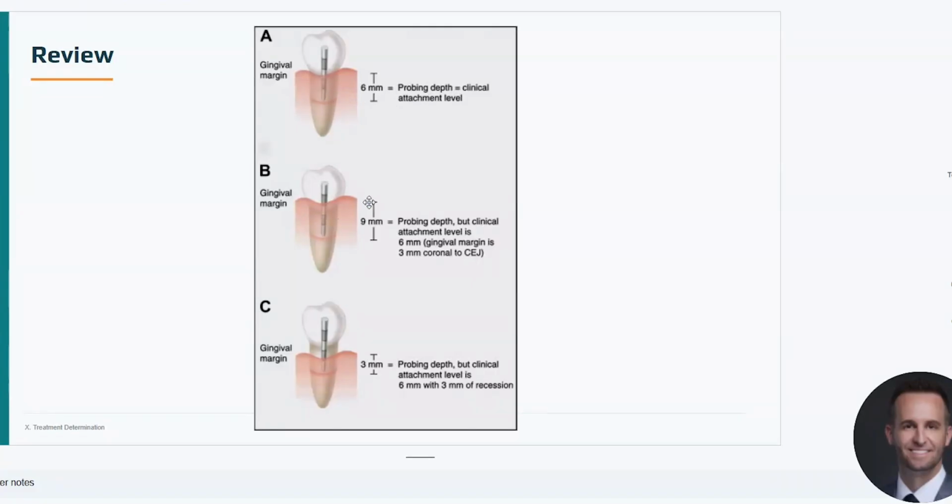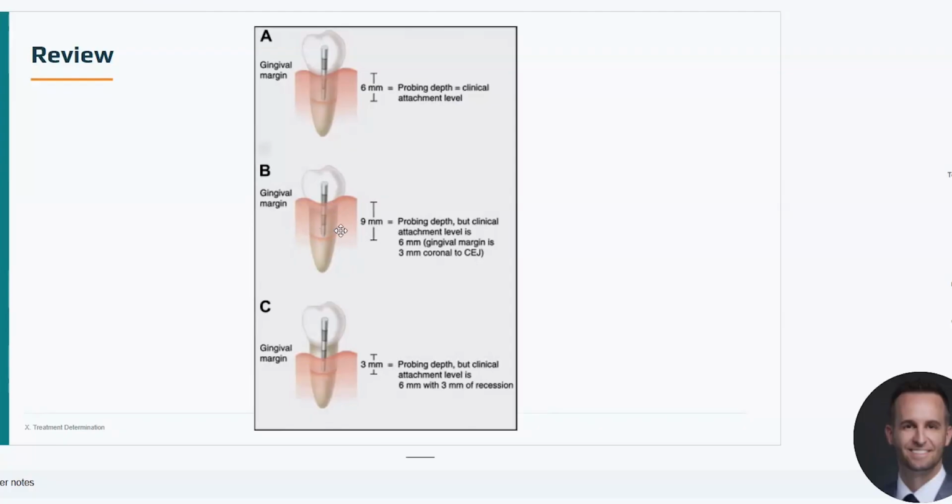Now in this case, we have a 9 millimeter probing depth, but the gingival margin is 3 millimeters above the CEJ. So that's a +3. Remember, our probing depths are a negative value. So if we take -9 and we add +3 to this, as we can see illustrated, -9 + 3 is -6.